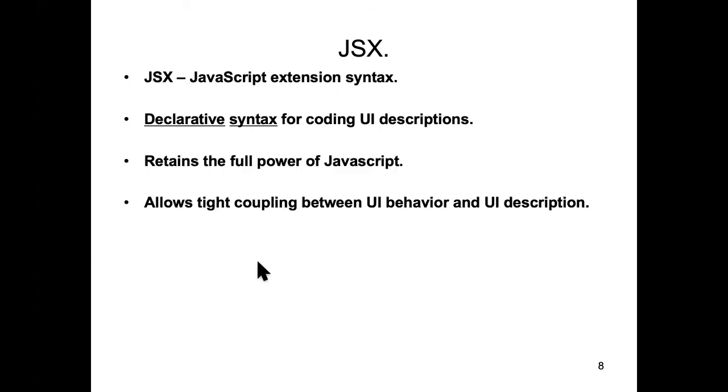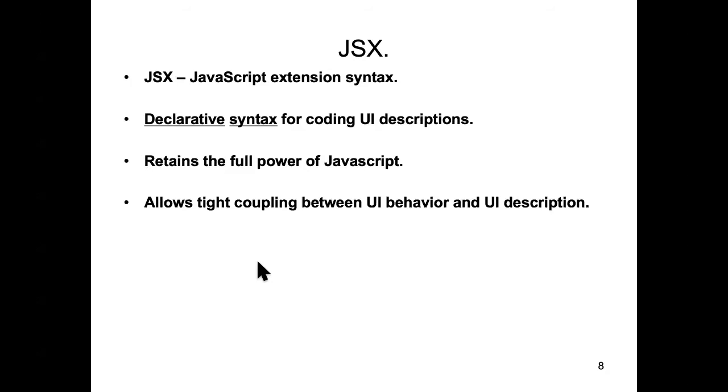And what's nice is that because JSX is an extension to JavaScript, we don't lose any of the power of JavaScript. When templating was being used by other frameworks, templating had its own kind of syntax, but you lost a lot of the power of JavaScript as a result, which is why the React team went the components route and started using JSX.